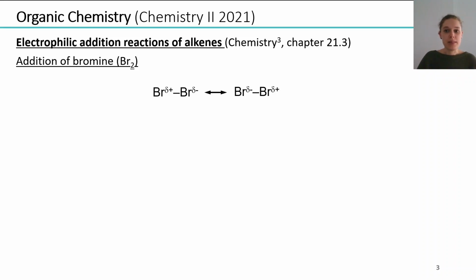However, bromine becomes polarized if it approaches the carbon-carbon double bond. And then if this nonpolar molecule comes nearer, the bromine which is next to the carbon-carbon double bond becomes electrophilic.